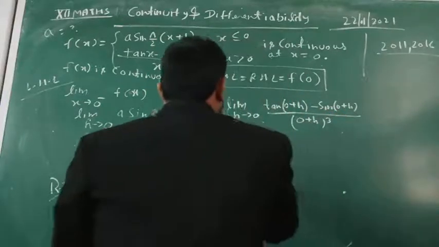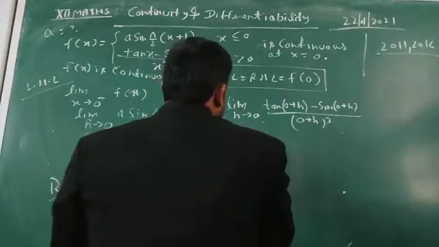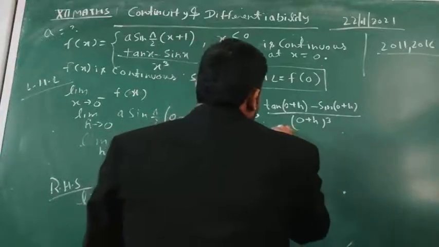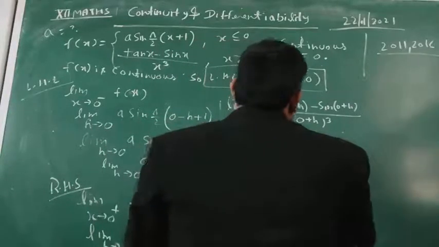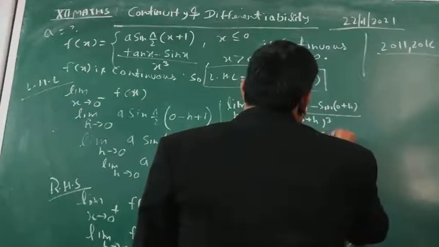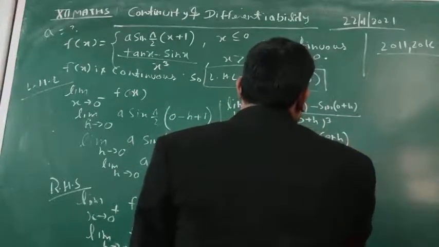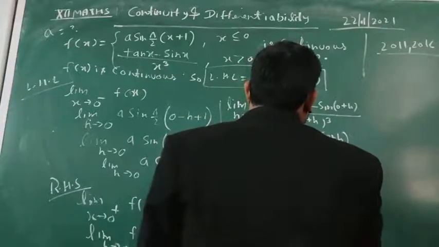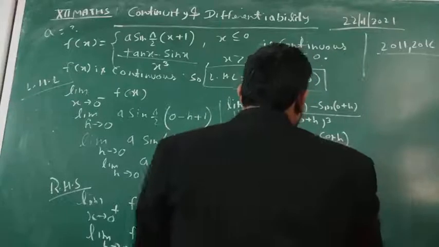Now we write limit h tends to 0. We are taking tan h outside, we get inside (1 minus cos h) by cos h, and this is h cube.